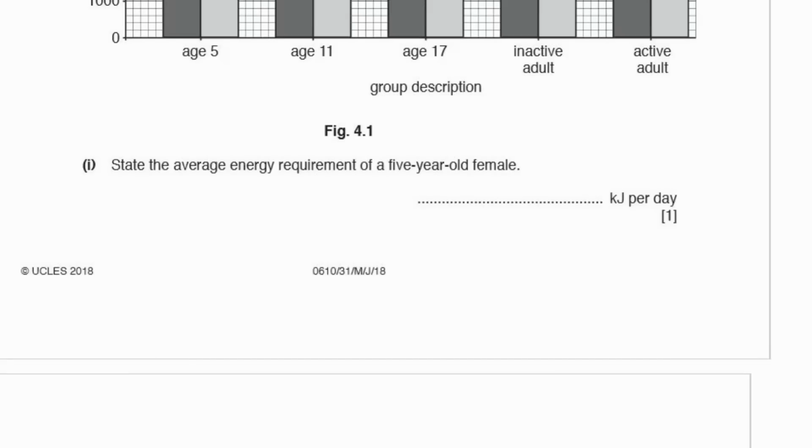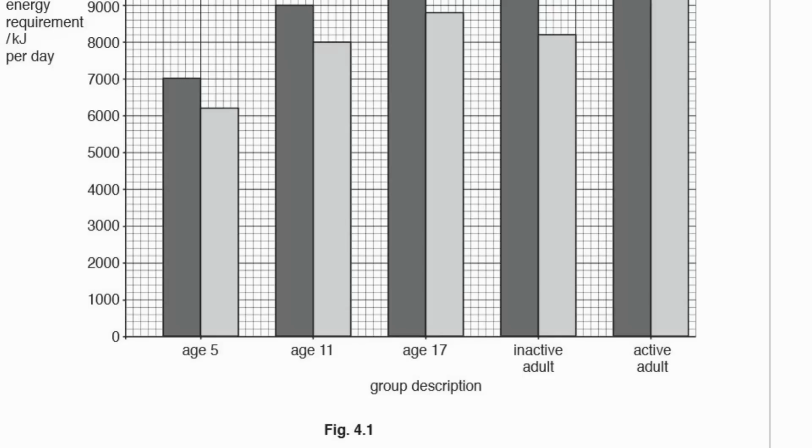1. State the average energy requirement for a 5-year-old female. All right. Okay, so a 5-year-old female right here. Bring it across. So how much is 1 square? If we go up, we have 1,000 kilojoules per day divided by 5 squares.